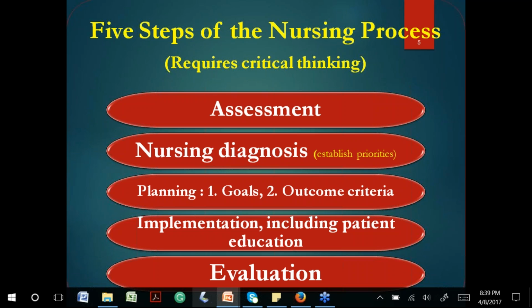Nursing diagnosis is where you are going to prioritize the nursing diagnoses and establish priorities. So priorities are what we need to prioritize in our implementation and planning. The third point is planning, where we have the goals and the outcome criteria. So what are the goals?